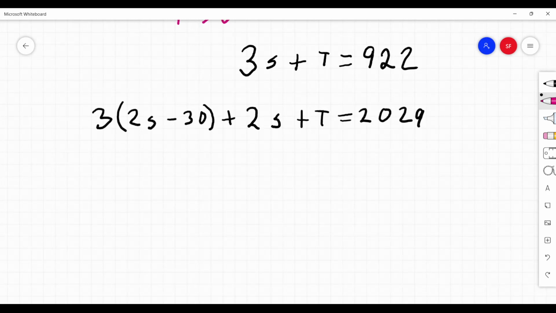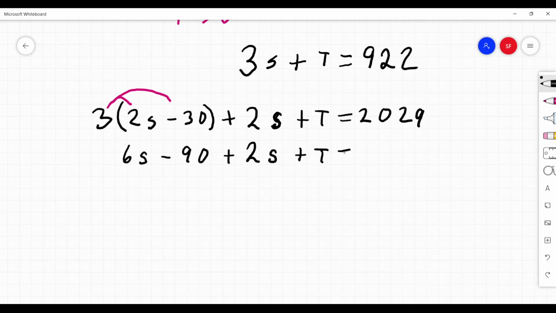What should we do first here? Distribute. Distribute sounds like a grand plan. 6S minus 90 plus 2S plus T equals 2029. Now let's combine the S's, like terms, and then plus 90.